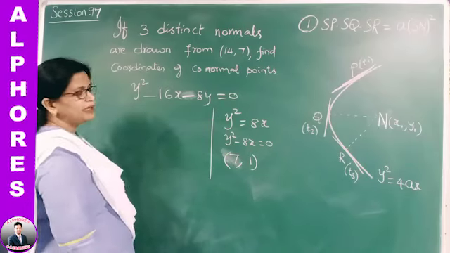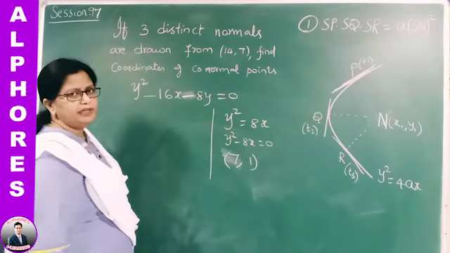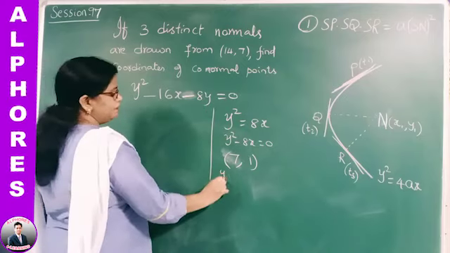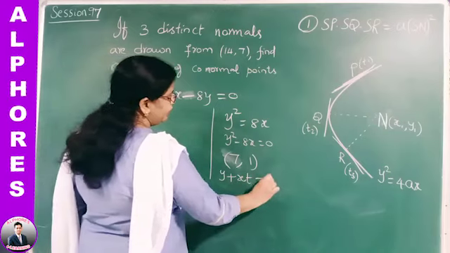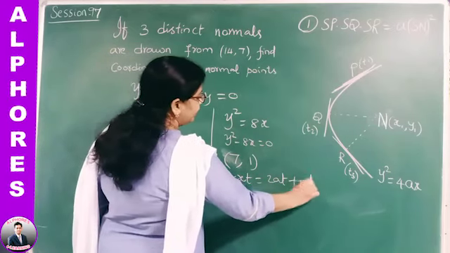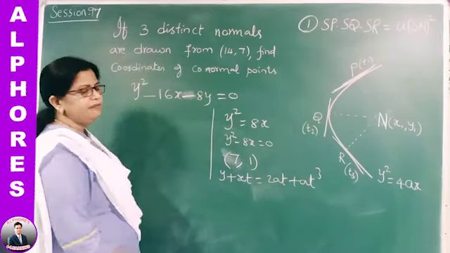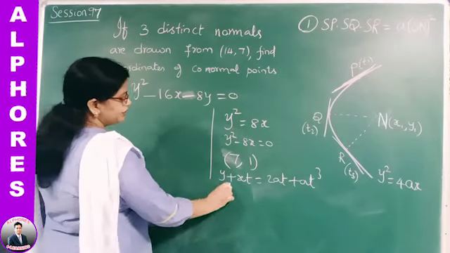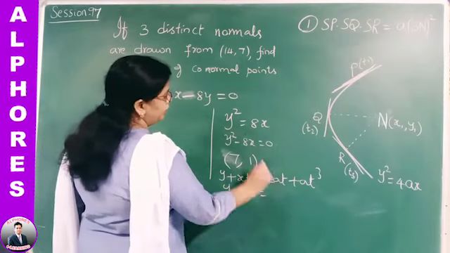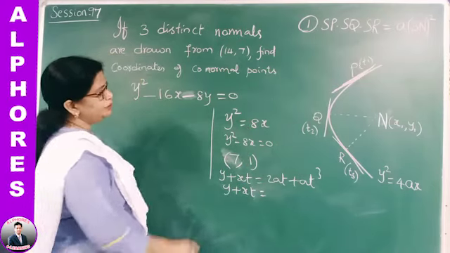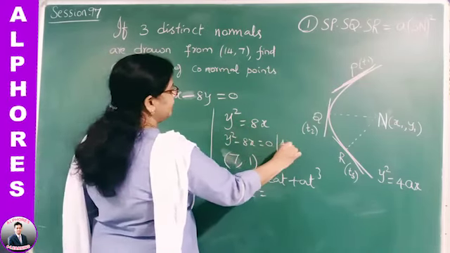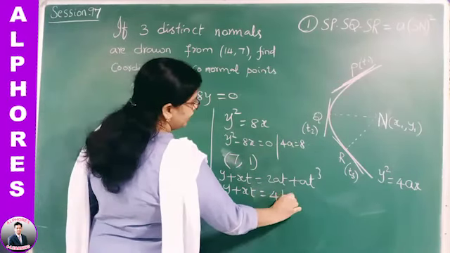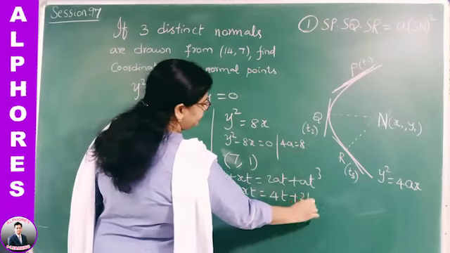Then what is our condition? Just directly you can make use of it. First you take y plus xt equal to 2at plus at cube, and the a value here: 4a equal to 8, therefore a equal to 2. So y plus xt equals 4t plus 2t cube.